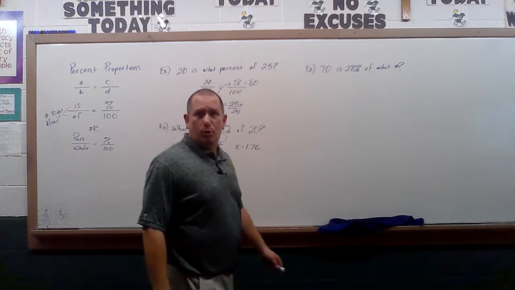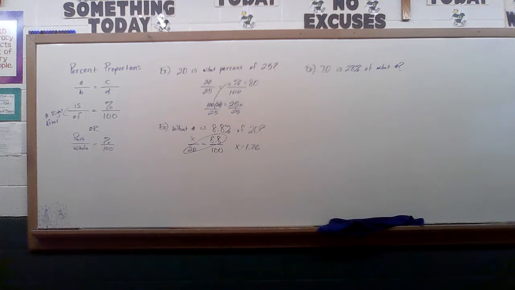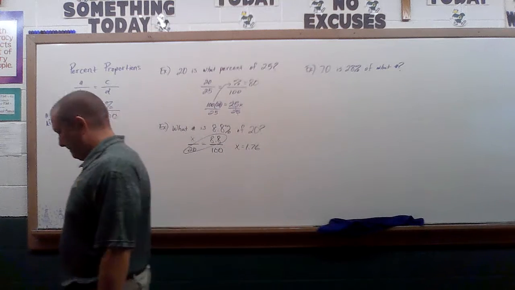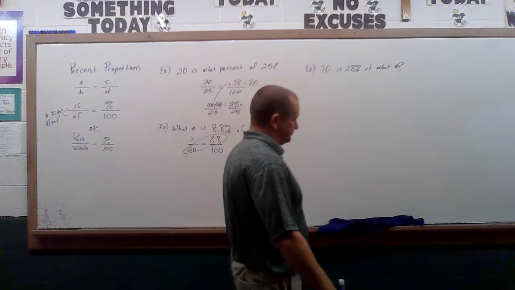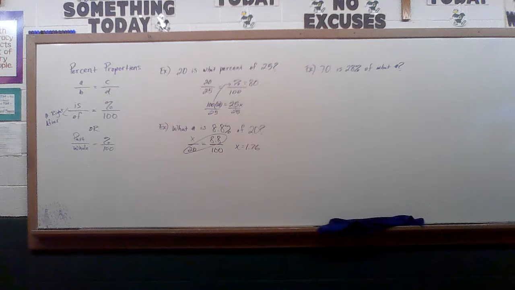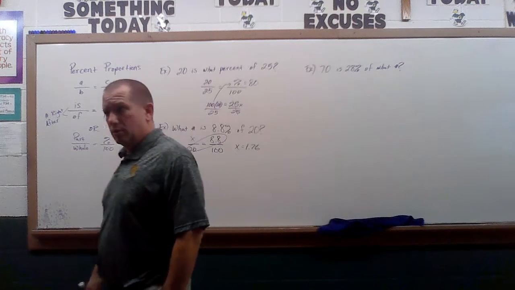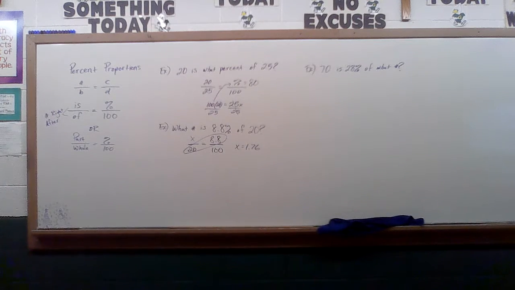And then solving your proportion, hopefully we're getting okay at that. But if you don't set it up right, you can never get it right. And then at the end, make sure that it makes sense. And in this section, honestly, you can use a calculator a little bit more instead of trying to do the math all the time.